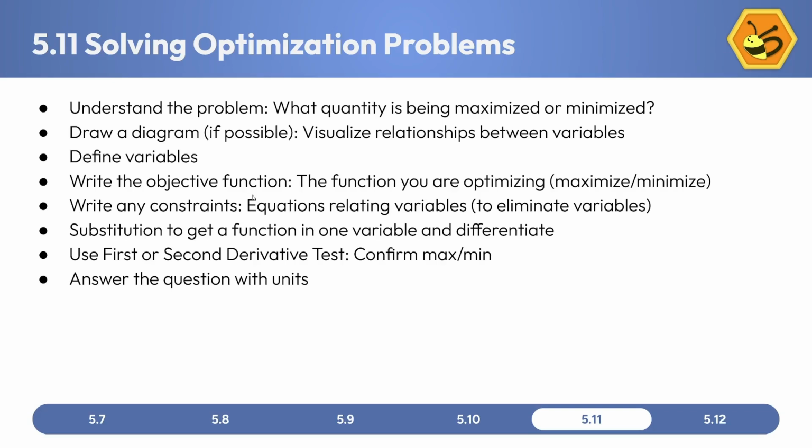Then we can substitute these and eliminate variables in our objective function until we have a single function. Then we can take the derivative and use one of our tests to find a max or a min, and then answer with units at the end. So for those who just joined, hopefully that makes sense. Or is there something else that I didn't go over?